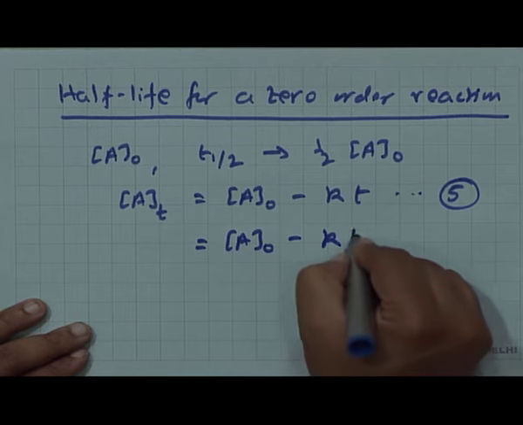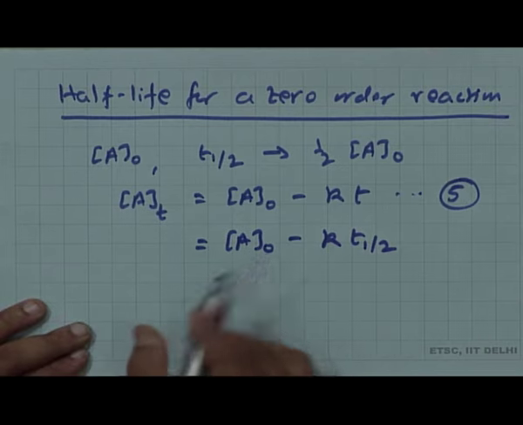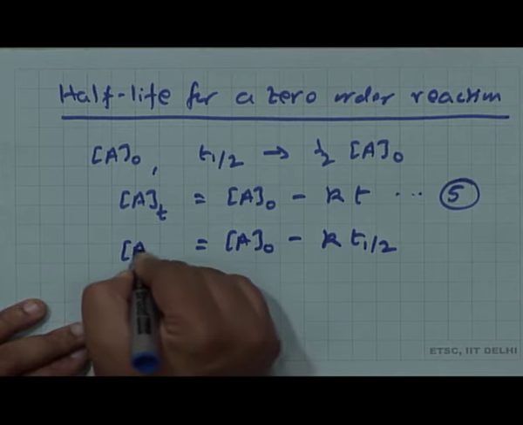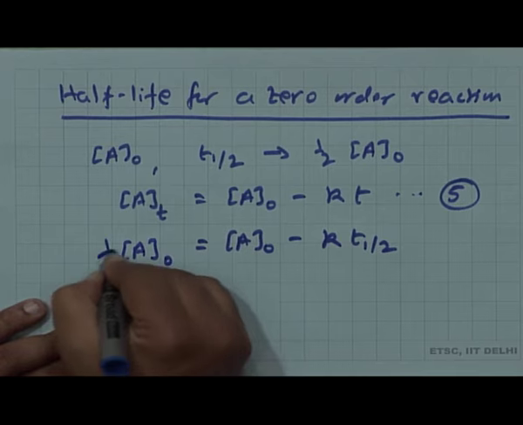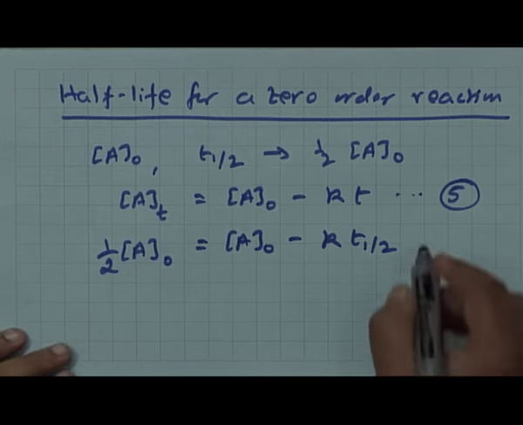What changes in this equation is that t is replaced by t half, and A t gets replaced by half A naught, because that is what the definition of t half is. So, t half is the time it takes for the concentration of the reactant to fall to half of its initial value.